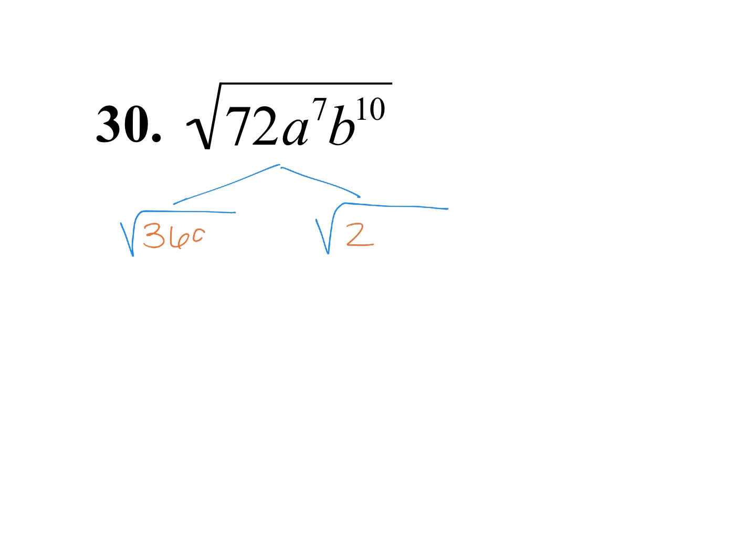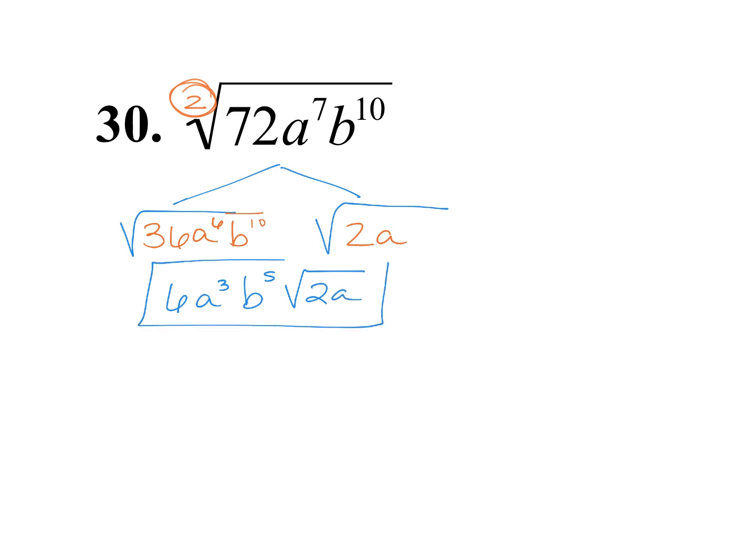A to the what? 6, which means there's one a left here, and b to the 10th. Remember, these are square roots, so it has to be divisible by 2 to go on the perfect side, okay? Then we take the perfect squares. So 36 is 6, a to the 6th is a to the 3rd, b to the 10th is b to the 5th, and then we have the square root of 2a.